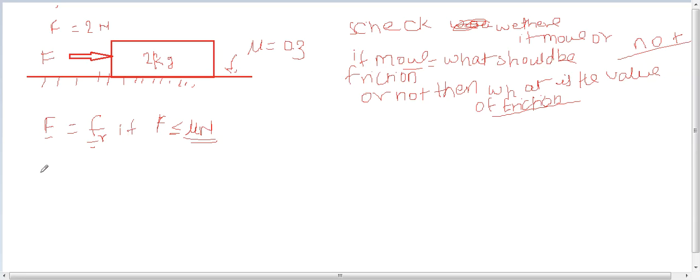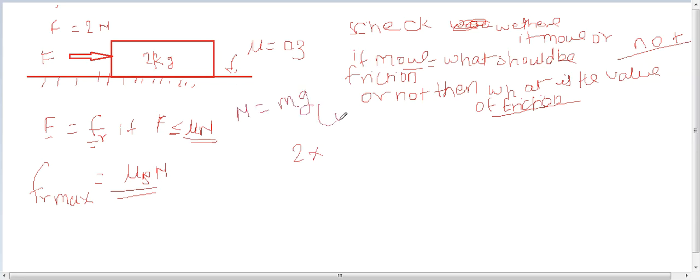And what is the maximum value of friction? Fr maximum is equal to mu static into N. We have to check what the maximum value of friction is first, then we determine. So the maximum value of friction is 0.3 into N. Here N is equal to mg.